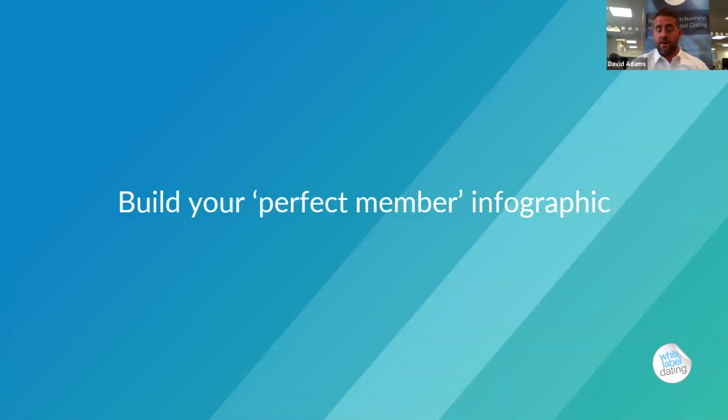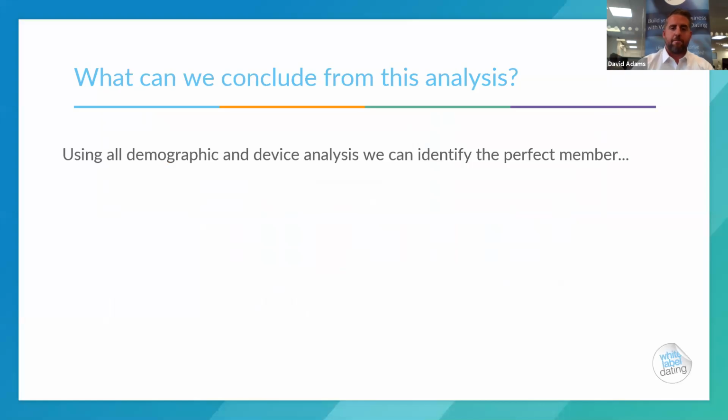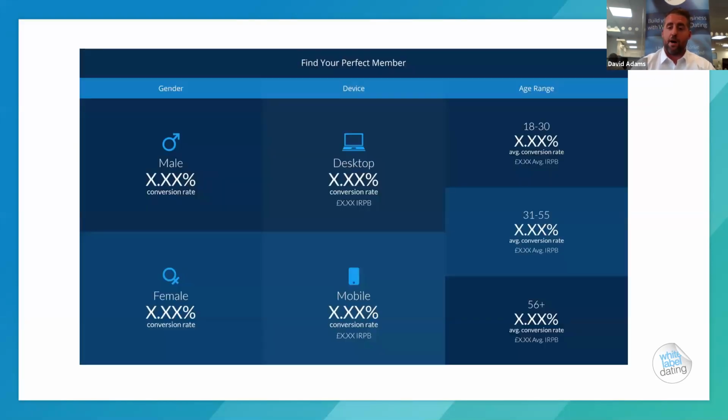So I've mentioned it a couple of times, this perfect member infographic, and ultimately it's a kind of conclusion of all of this analysis. And this is what we've sent out previously. This is the perfect member, and we can look at male and female conversion rates, desktop and mobile conversion rates and initial revenue per basic, and age ranges, conversion rates and initial revenue per basic.